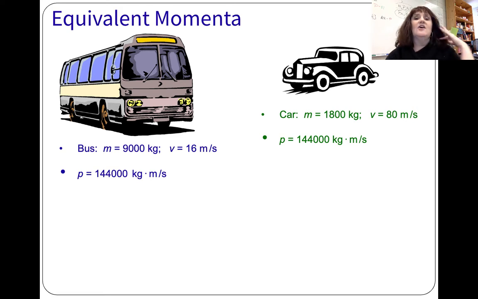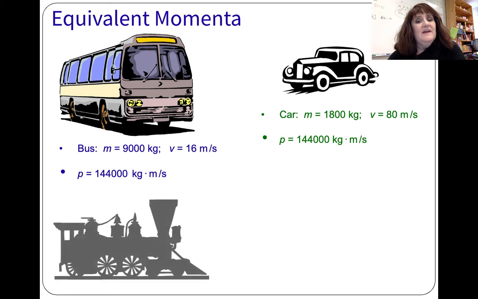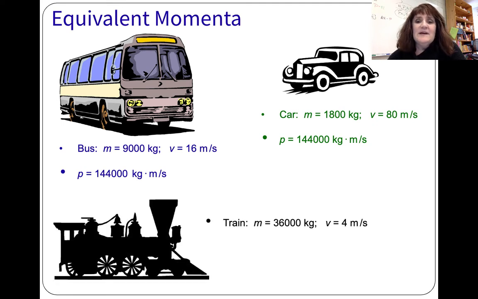That means that car is going to be just as hard to stop as that bus. And then you get a train. Train has a massive mass of 36,000 kilograms, but it's only going at 4 meters per second. It still has an equivalent momentum of 144,000 kilogram meters per second. All three of them would take the exact same amount of force in order to stop them.